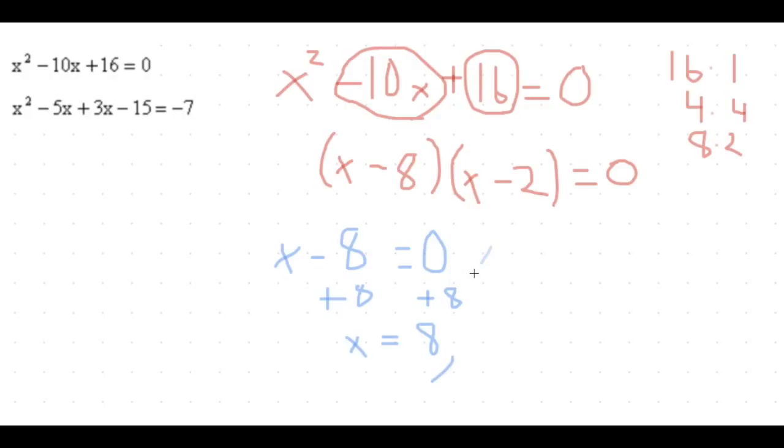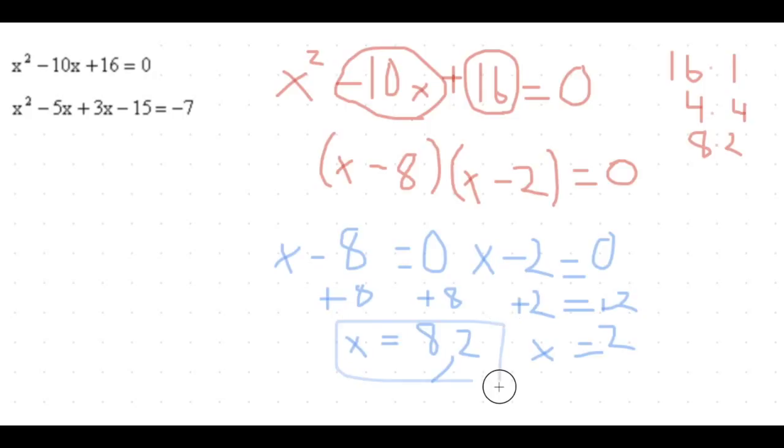And then on this side, we do the same thing. Add 2, and we get that x is equal to 2. So our final answer for this problem is x is equal to 8 and 2. Very interesting.